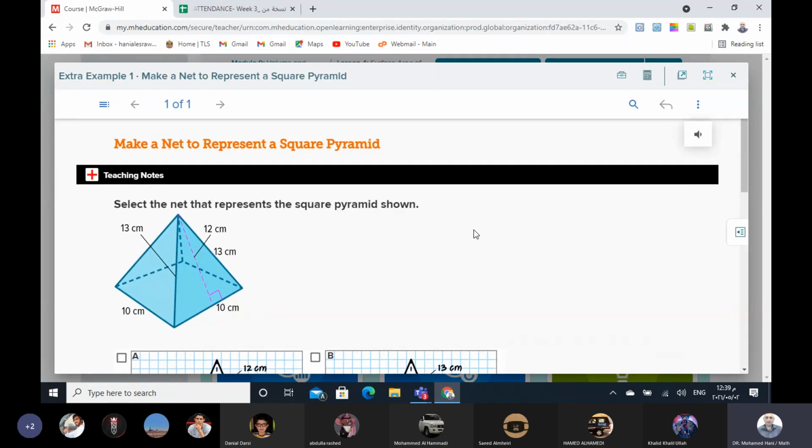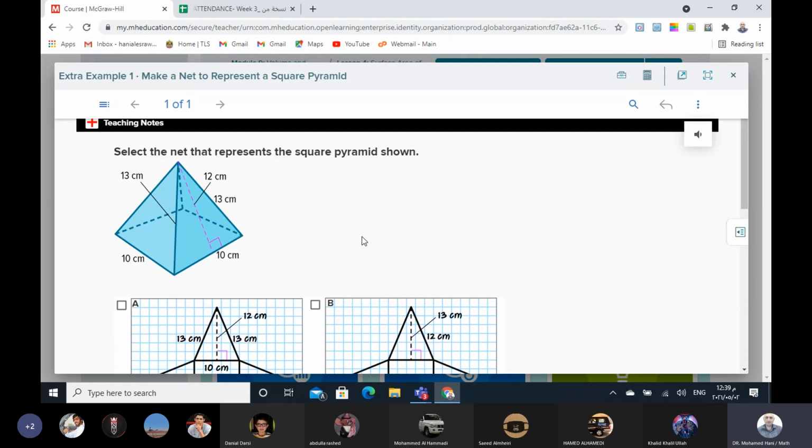Make a net to represent a square pyramid. Select a net that represents the square pyramid shown. I want all of you to focus very well on this square pyramid. As you see here down, we have the base square. We have here 10 and here 10. And we have four congruent lateral faces.